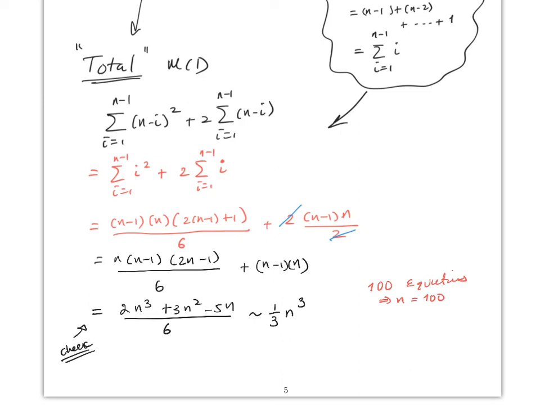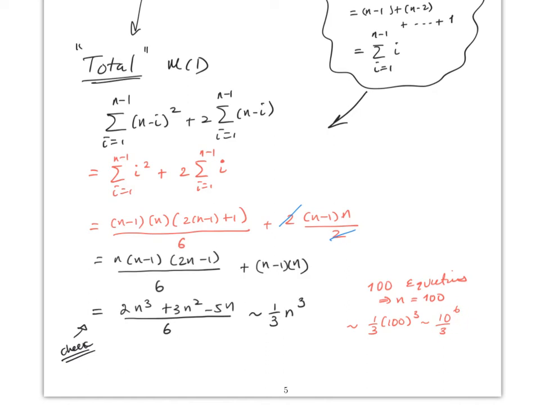So therefore the number of operations, we haven't discussed the addition and subtraction yet, will be 1/3 times 100 cubed, which is around 10 to the 6, which is a million, divided by 3. So that's just the number of multiplications that it will take to solve this. That's why you need a computer to do this. If you do this by hand, you will be there for a long time.